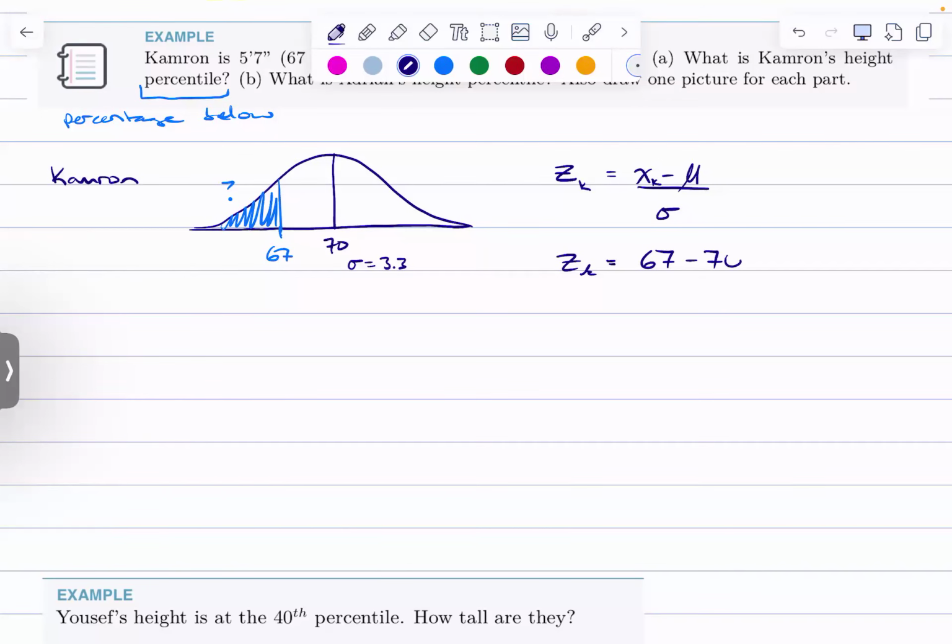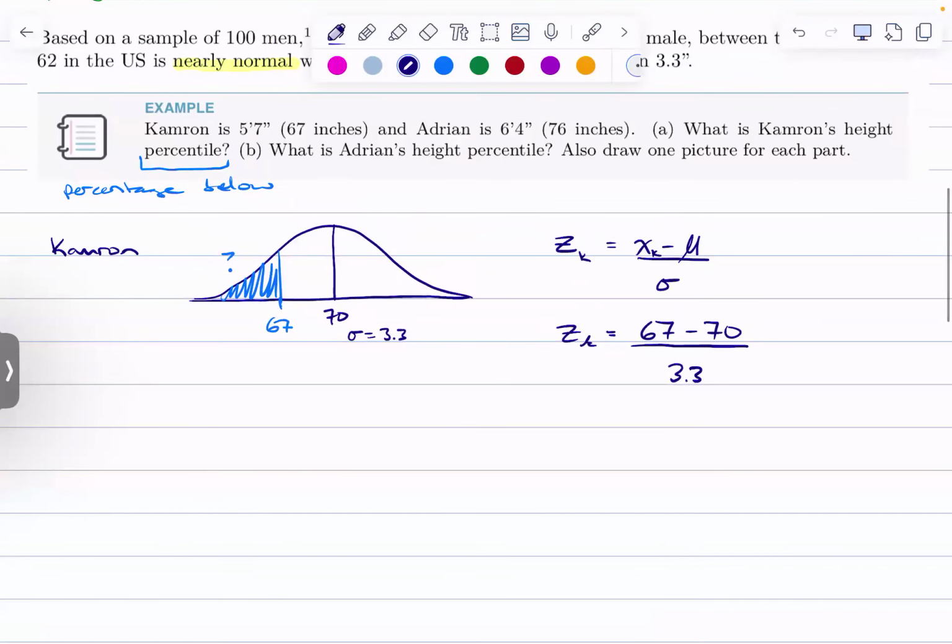67 inches is 3 inches below 70, but the spread is 3.3. And no, I will not do that in my head.